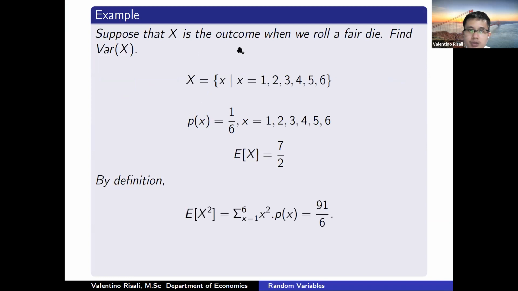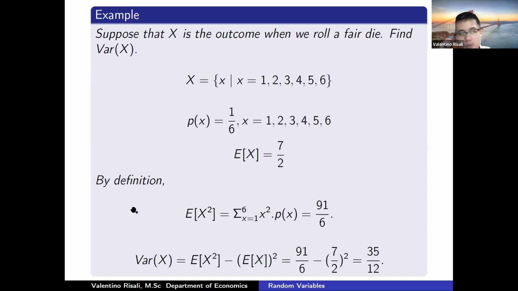And for the previous example, when we roll a fair die and X denotes the outcome, we get the expectation is 7 divided by 2, and from the computation, the second moment is 91 divided by 6, and from the previous formula for variance, the variance is equal to this expression, and the value is 35 divided by 12.